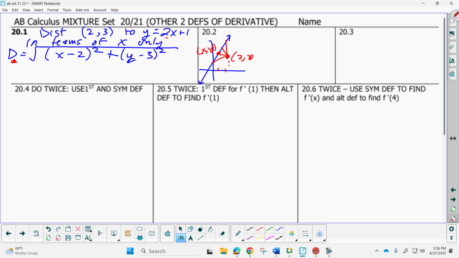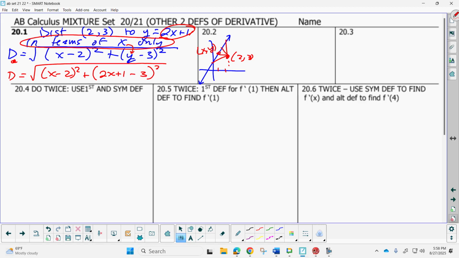Now we have to deal with this part in terms of x only. In terms of x only implies we can't have y. We have to put something in for y. What is y equivalent to in this problem? And so the next step is then to say, all right, I'm going to leave this part, it's fine, but in place of y goes 2x plus 1.